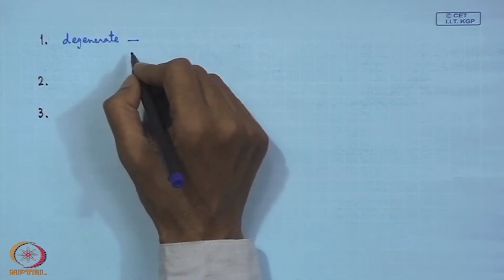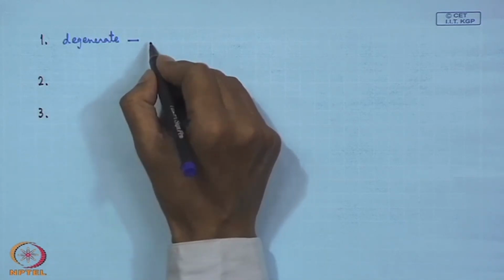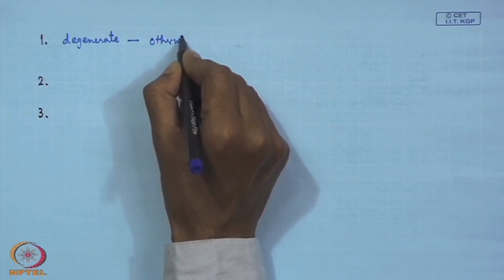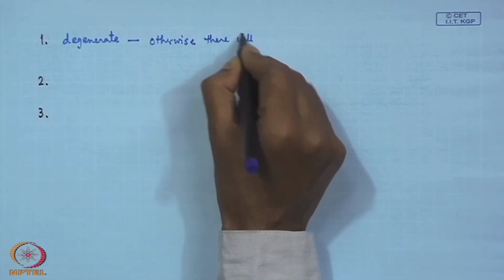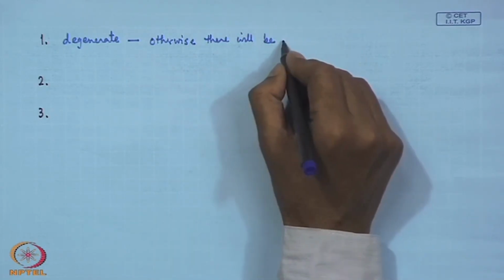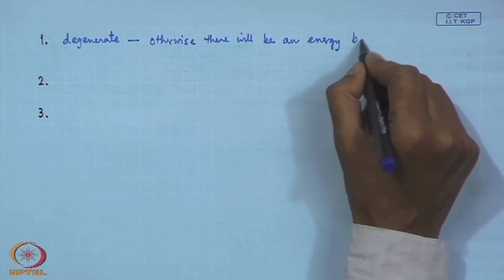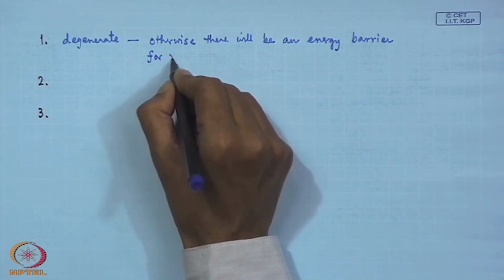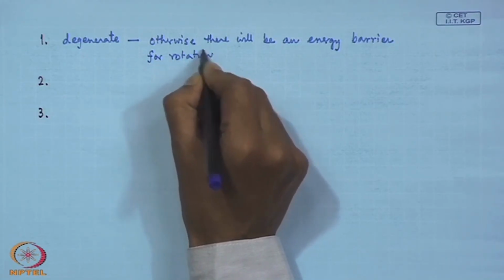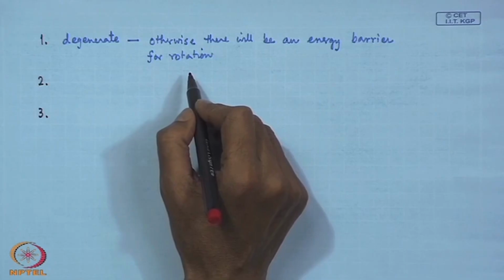So, if they are degenerate, then we can have the movement from one level to the other, otherwise there will be an energy barrier for rotation. So, whether these orbitals are degenerate or not will dictate whether they can contribute the corresponding orbital moment to the spin moment.